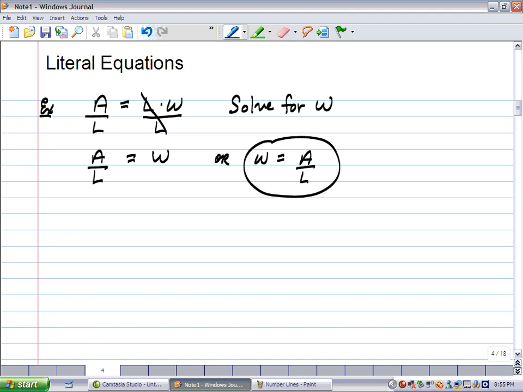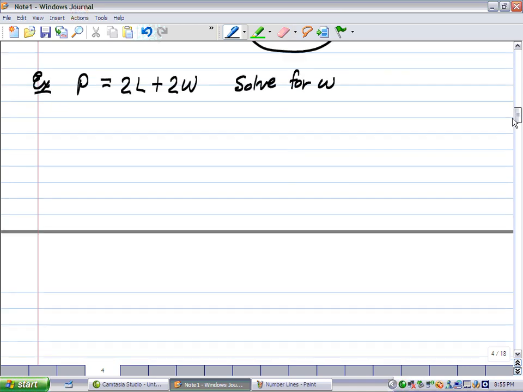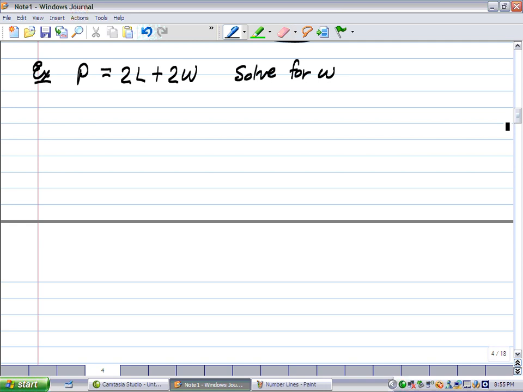Let's do one that's a little more complicated. Let's do P equals 2L plus 2W, and let's solve this one for W. Okay, remember when we're solving equations that we like to get the term that has the variable we're looking for by itself. In this case, the term we're trying to get alone is the 2W, because that's the one that has the variable we're solving for.